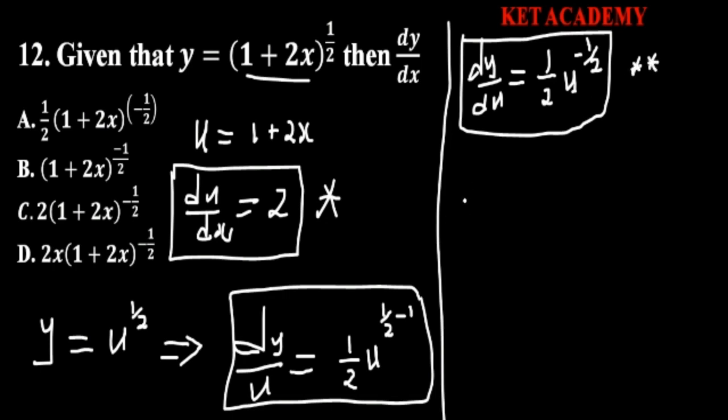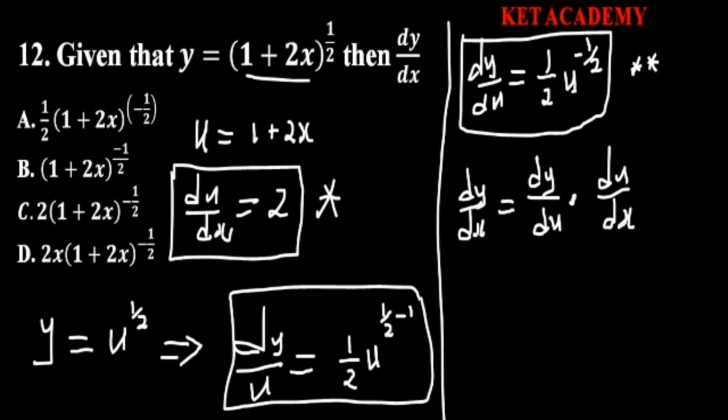Now, from the parametric differentiation, we have dy all over dx can be written as dy all over du dot du all over dx. So looking at this, we haven't changed anything.